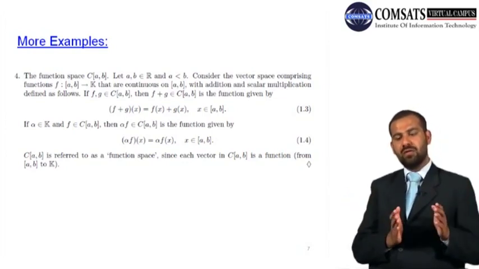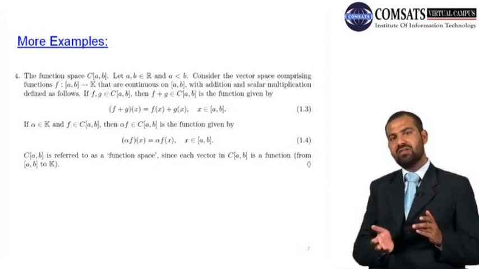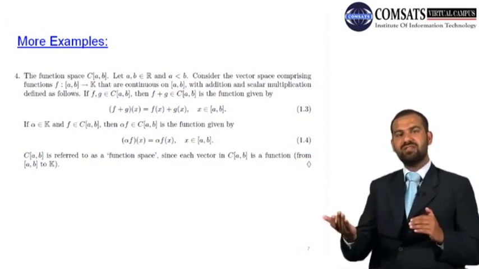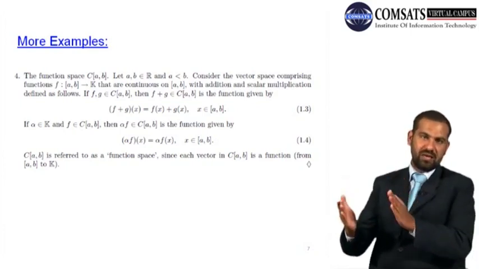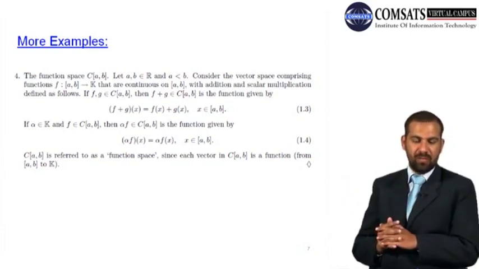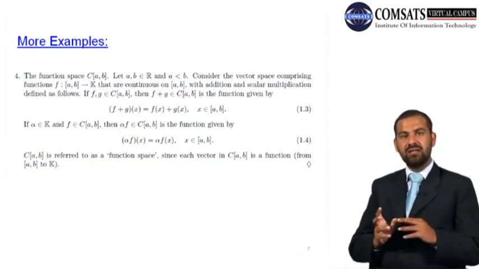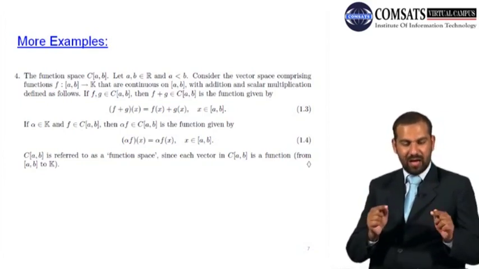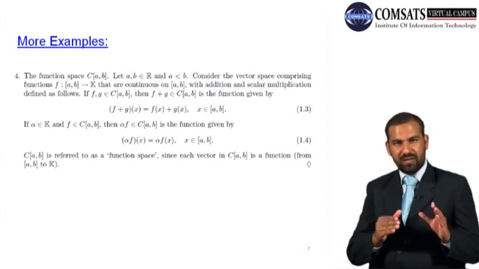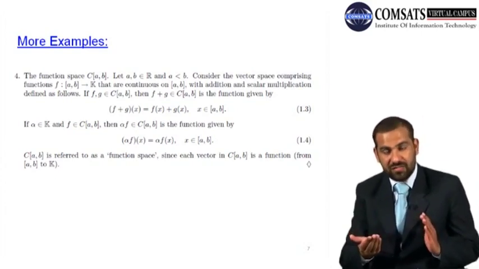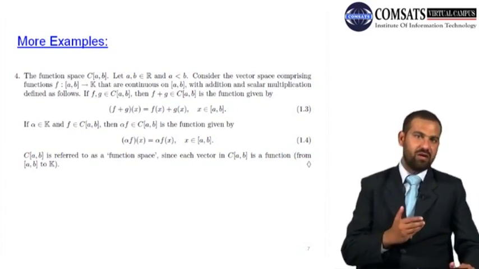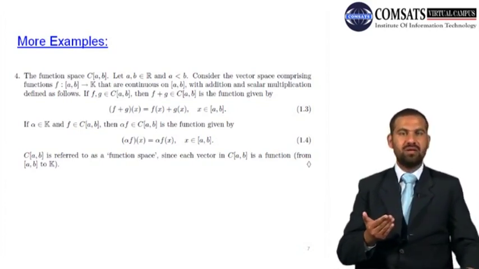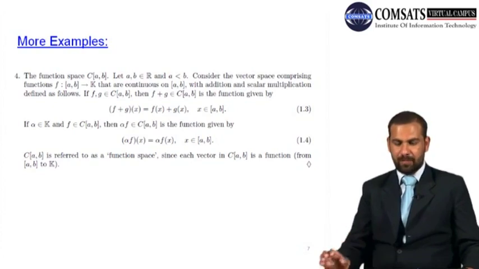But if we show some functions which form a vector space, maybe there exist some functions which are not continuous. So for this we must prove analytically, and for the analytic proof we must take some arbitrary elements from that space and then show. Okay, later we will practice such kinds of things.